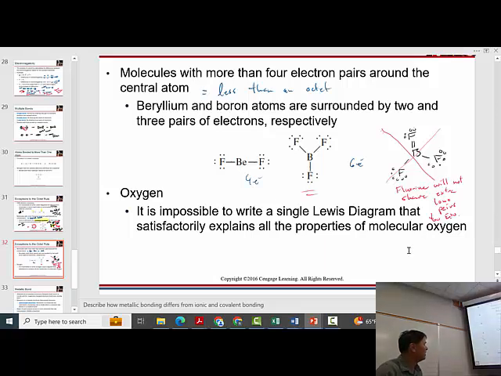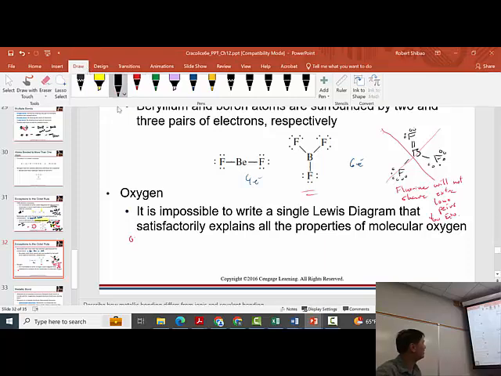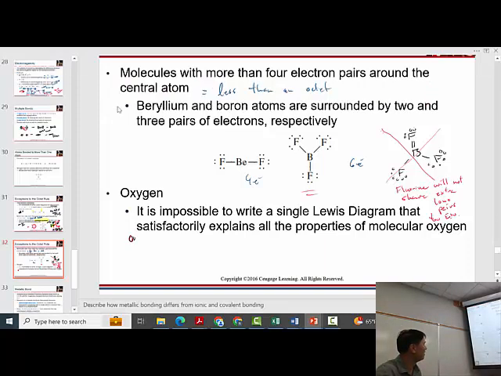For oxygen, this is the failure of valence bond theory. This is one of the failures of valence bond theory. Valence bond theory, again, describes a bond as overlapping atomic orbitals.